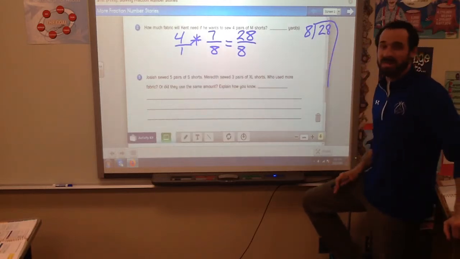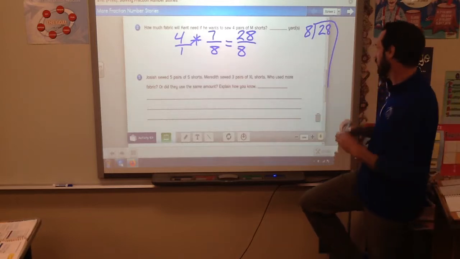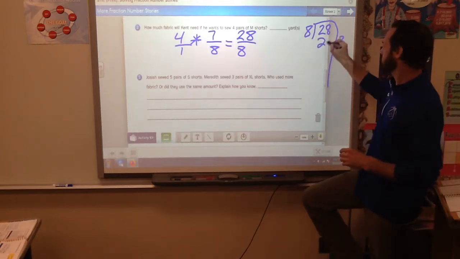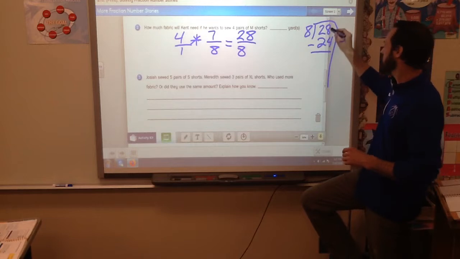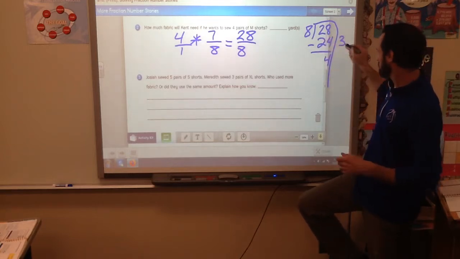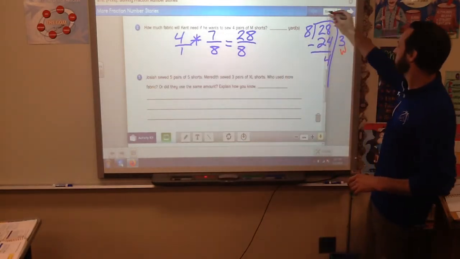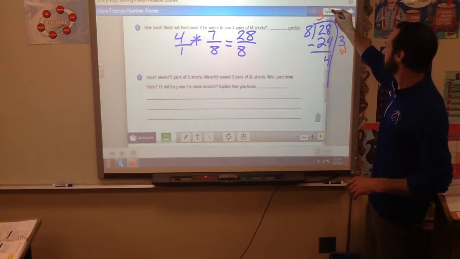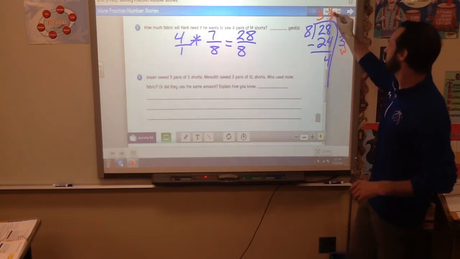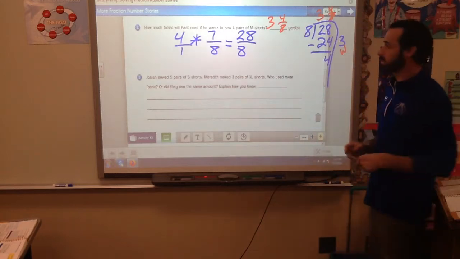Okay, when you think about how many 8s can go into 28, 8, 16, 24, you can only do 3. 8 times 3 is 24, and you subtract. 28 minus 24 is 4. That would be 0. So your answer is whole number. This is your whole number. Here's your numerator. And here's your denominator. So you get 3 and 4/8. If you had 3 1/2, that would also be a good one.